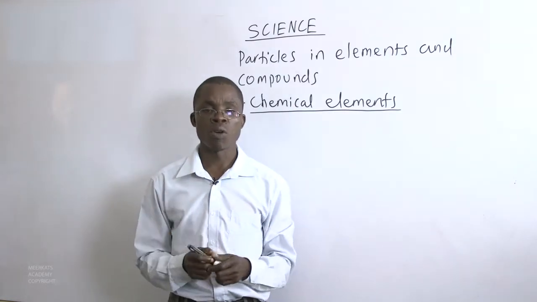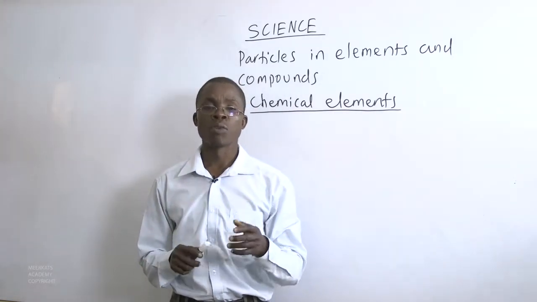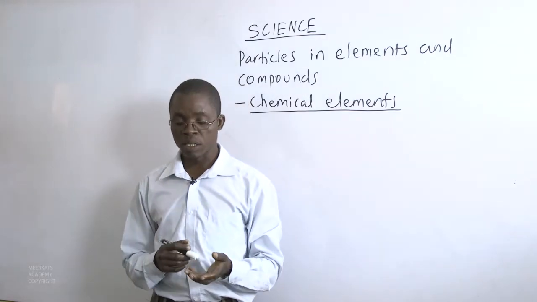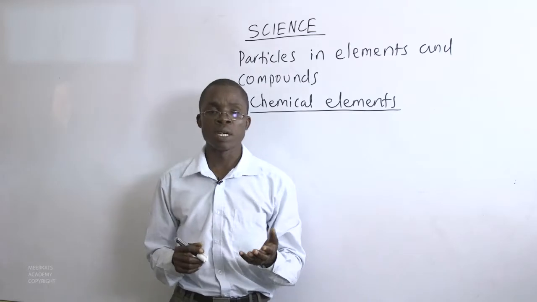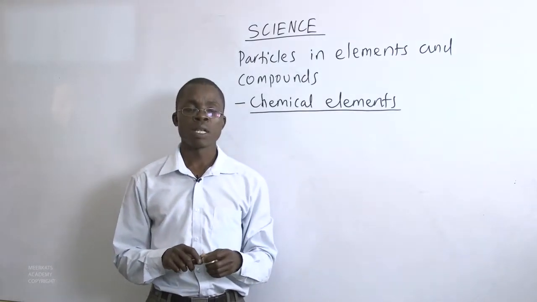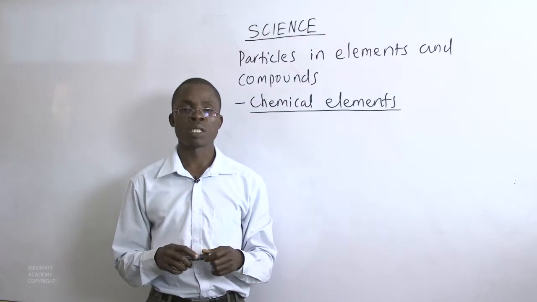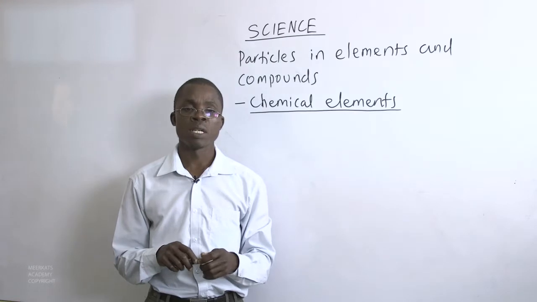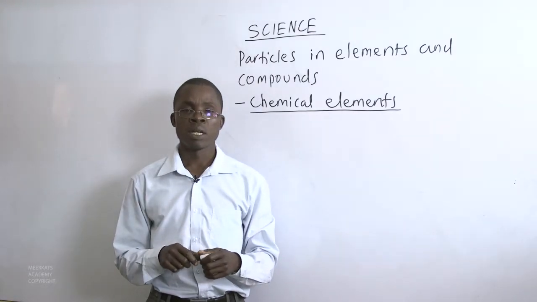Just to do an overview of some of those elements, the scientists who discovered them and their uses, we discovered that there are elements which we cannot pinpoint the particular person who discovered the element. These are elements that were used in the ancient world.